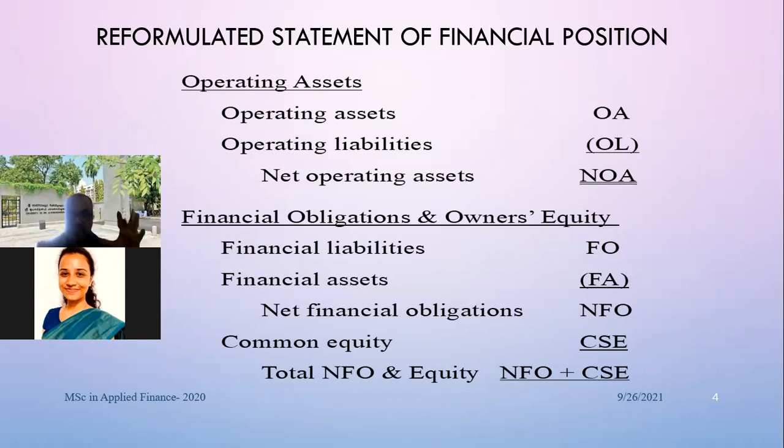So this exercise is, first, we are trying to reformulate, rearrange. Then the financial obligations or liabilities, FO, minus financial assets will tell you net financial obligation. So net operating asset plus net financial obligation will determine common shareholders equity. If you like, you can use the notation E only, that is equity, or shareholders equity.